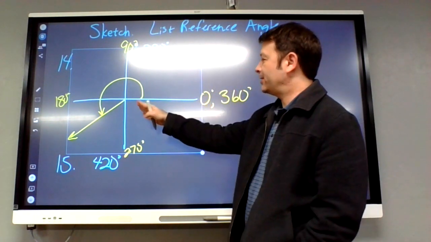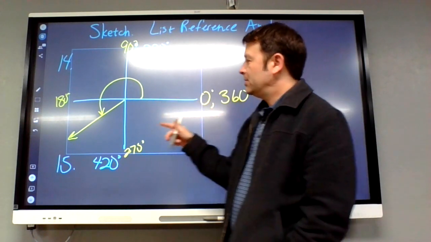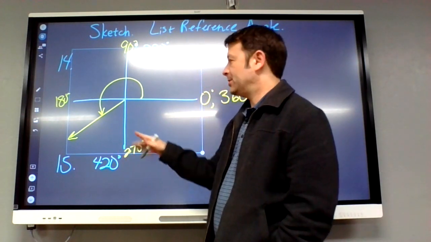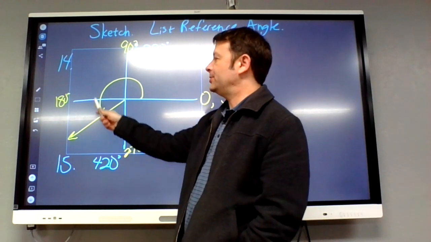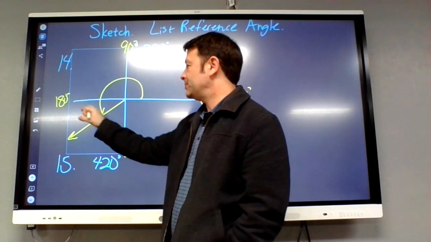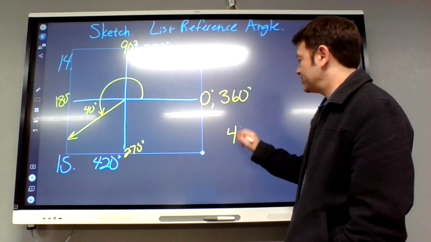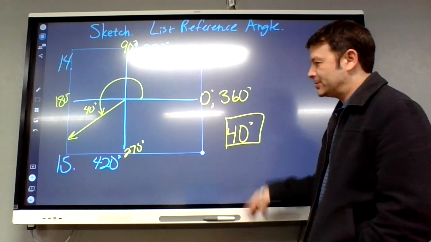So if it was 340, that would be 20 degrees off. So you never do the reference angle on the 90 or 270? No. It's always off the x-axis. How far away is 220 from 180? If you subtract, it's 40 degrees. This is like half the credit on this problem. Somewhere you need to put 40 degrees, in the picture or off to the side.